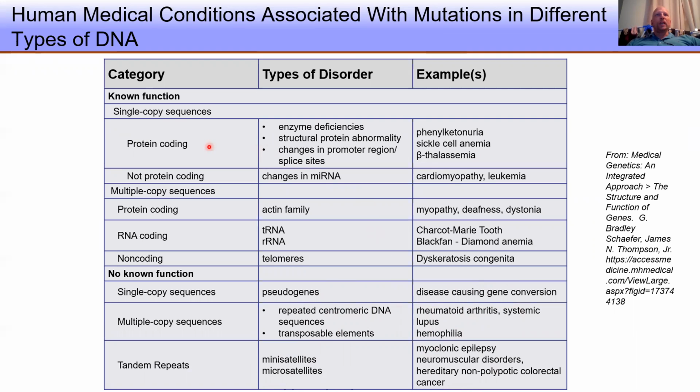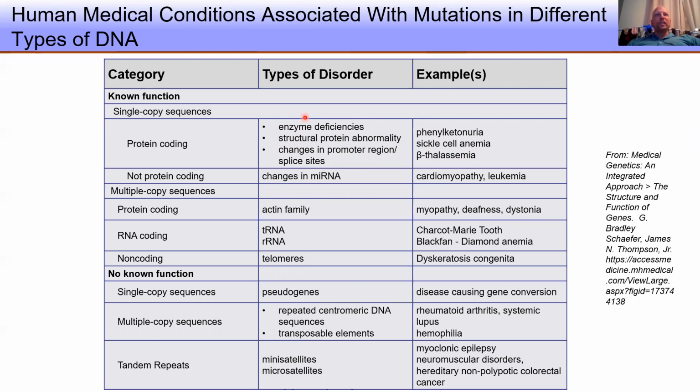Up here, of course, typically what happens if you disrupt the protein coding part of a gene is that a lot of disorders involve deficiencies of a particular enzyme in a metabolic pathway. So we have phenylketonuria, or we have changes in protein structure, which is the underlying basis for sickle cell anemia and beta thalassemia.